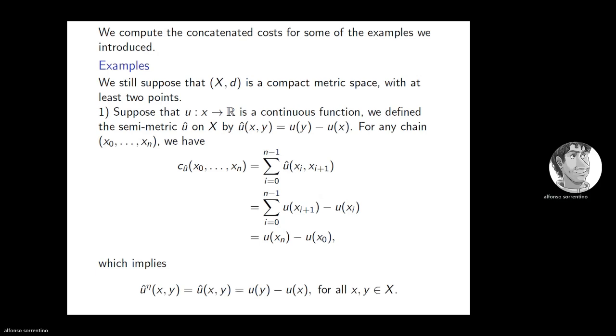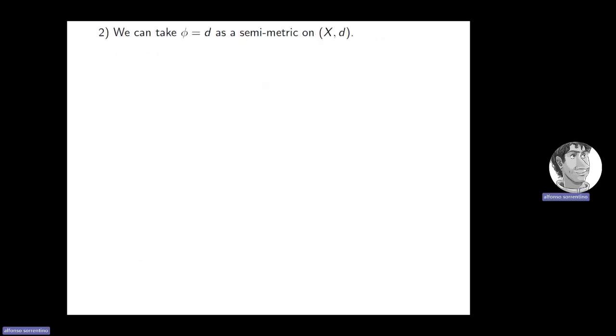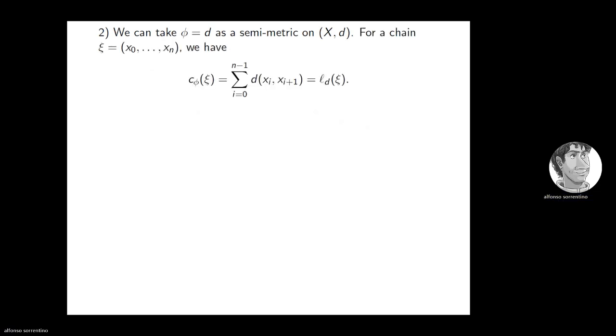So this implies that u hat of xy is u of y minus u of x, because the cost of a chain of any length is independent of the chain. Now we can take as semi-metric d itself. If we just compute the cost for this one, we get the length.